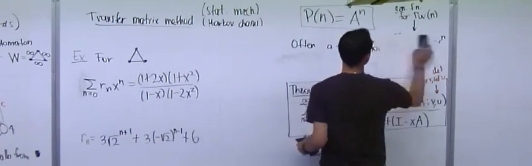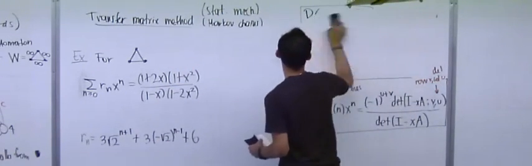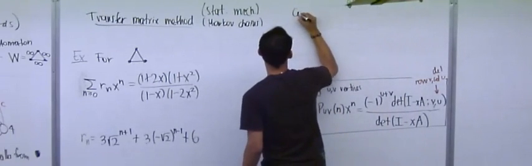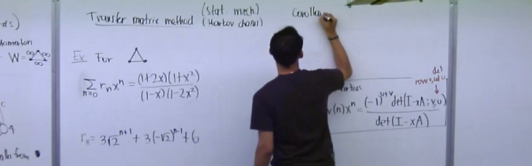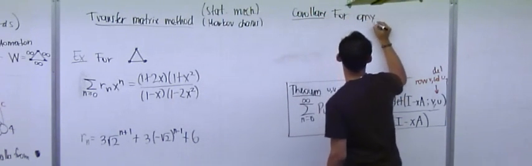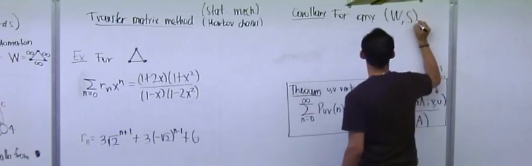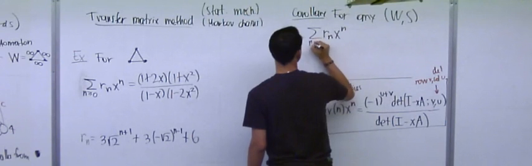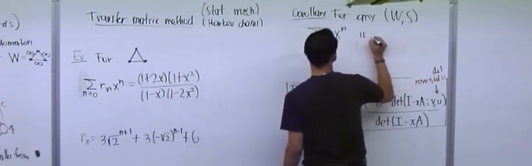And let me write down an explicit corollary. For any Coxeter group, this thing is a rational function.